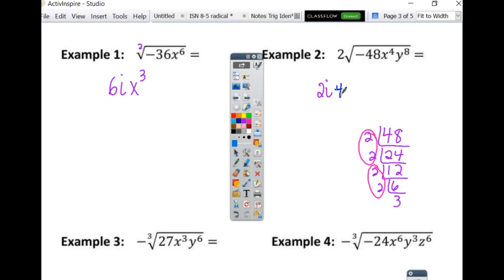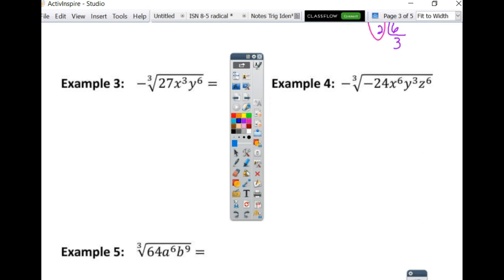So 4 divided by 2 is, so I get x squared. 8 divided by 2 is, and then what was left over? 3. So 2 times 4 is 8. You got one? Okay. Okay, so everybody okay? All right.